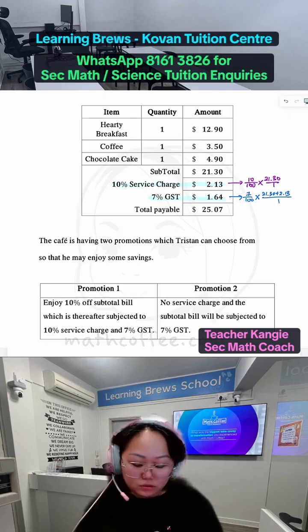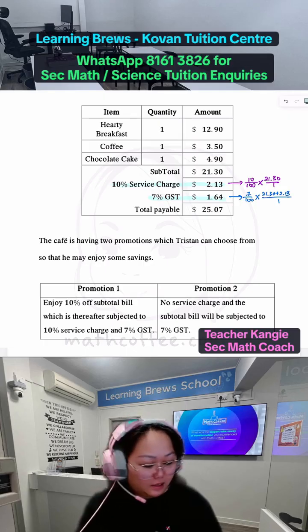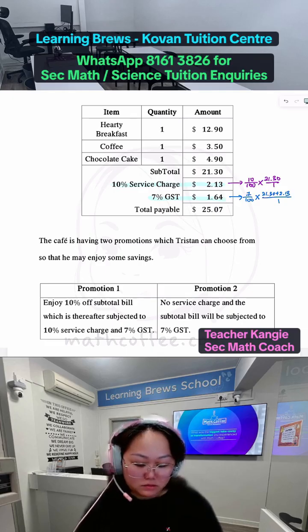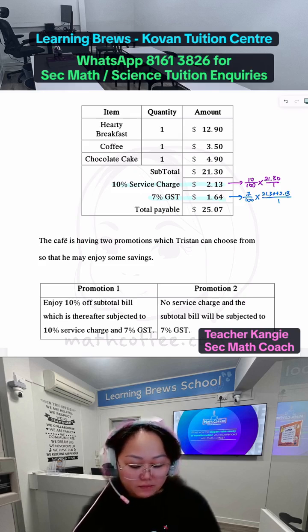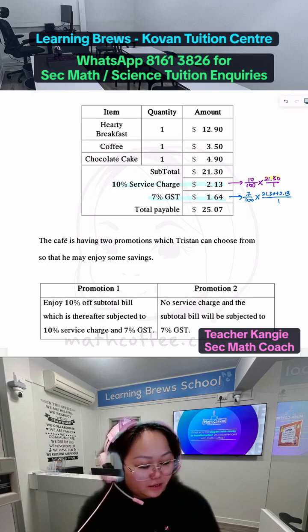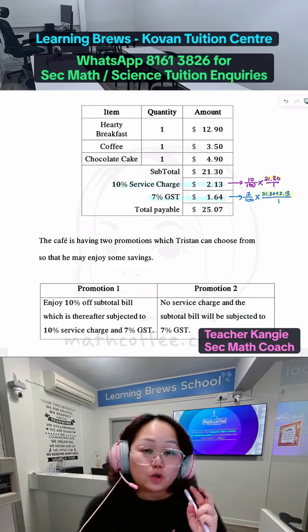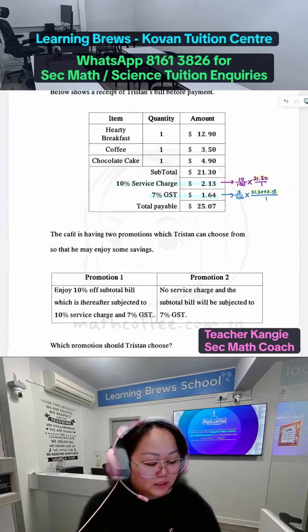So 7% multiplied by 21.30 plus 2.13, and that will give us 1.64. So you see, the reference is changed. So please take note of this.